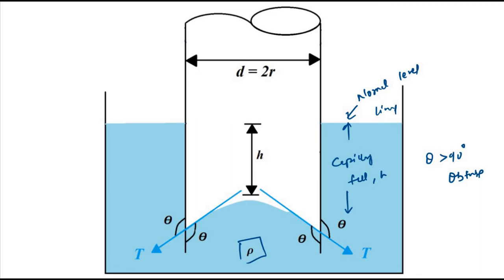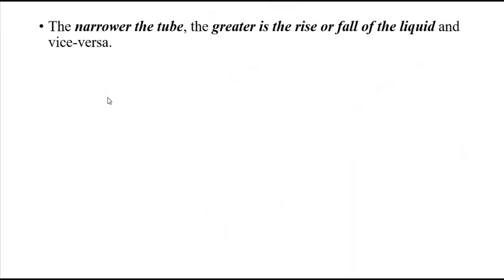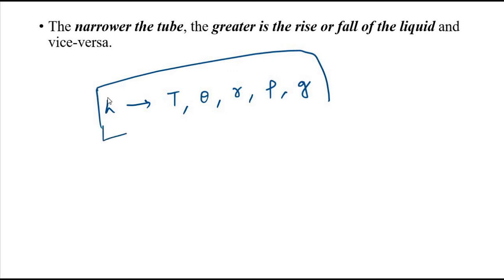So it has been found that this capillary rise or fall is related to surface tension force, angle of contact, radius of the tube, density of the liquid, and acceleration due to gravity. All these factors contribute to capillary rise or fall.